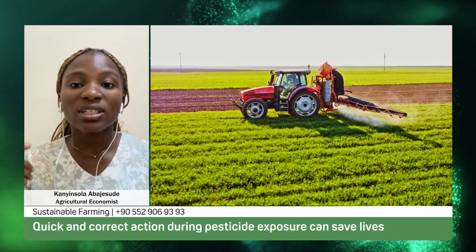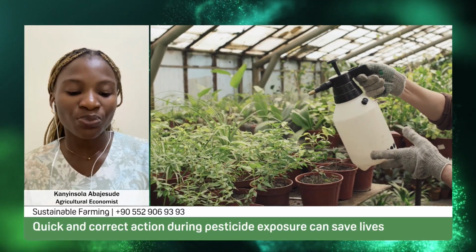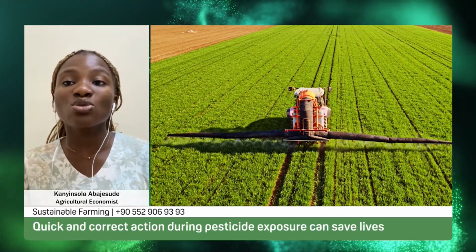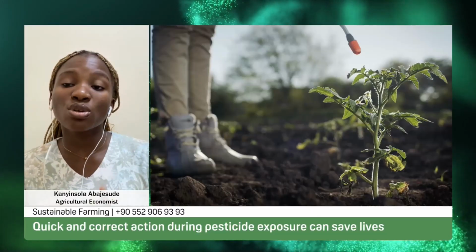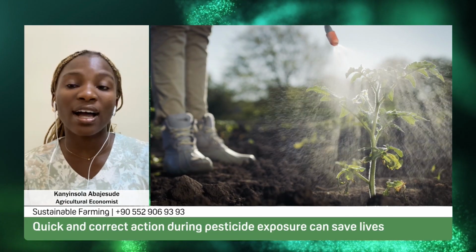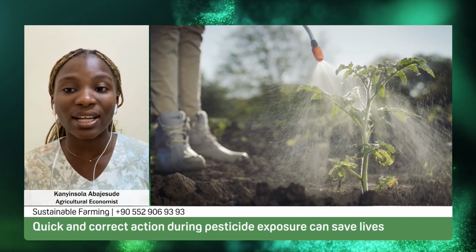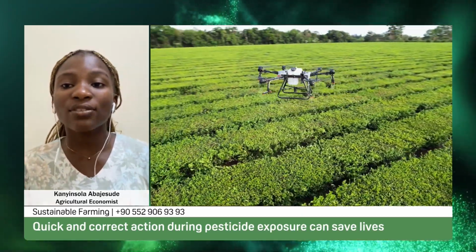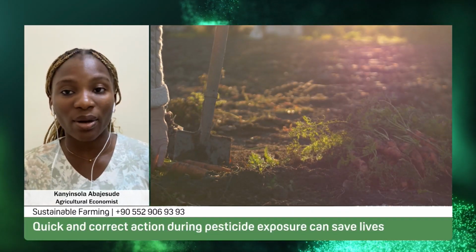The best thing is to quickly get clean water and go to the hospital or the nearest health center available. It is very important to ensure safety and safety precautions when applying chemical pesticide.